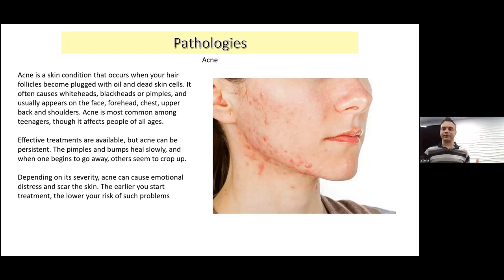That's where we get the whiteheads and the nasty stuff. So these little clogged pores start to build up sebum, and then we just pop them, right? The most common places to get acne, of course, would be the face, the chest, the back.